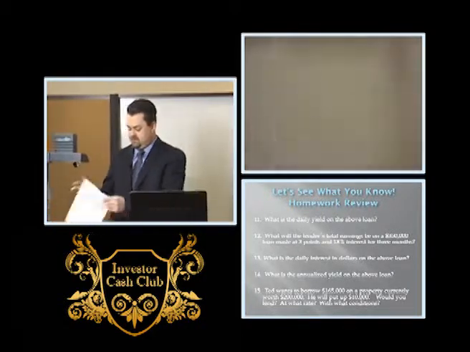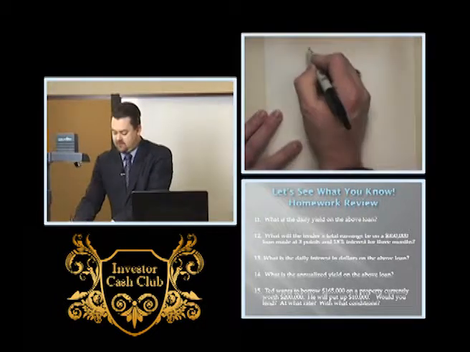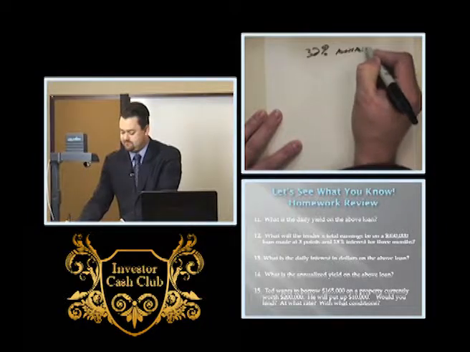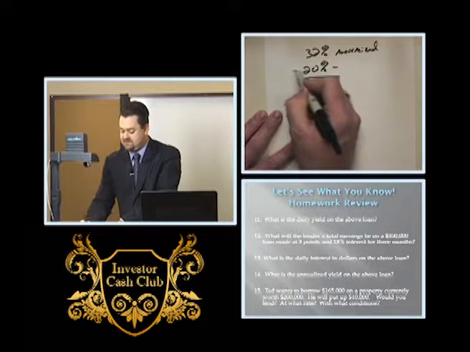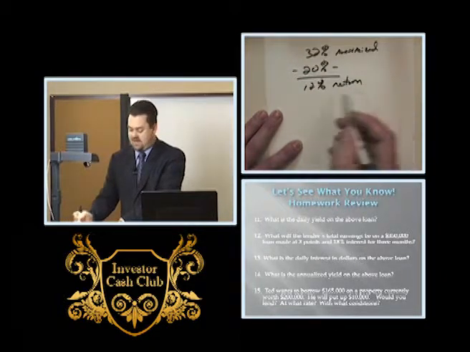So if somebody wants to give you some money to lend out, and you're earning 32% annualized yields on the money, and you're paying out 20%, do you guys see that you're making 12% return on someone else's cash?